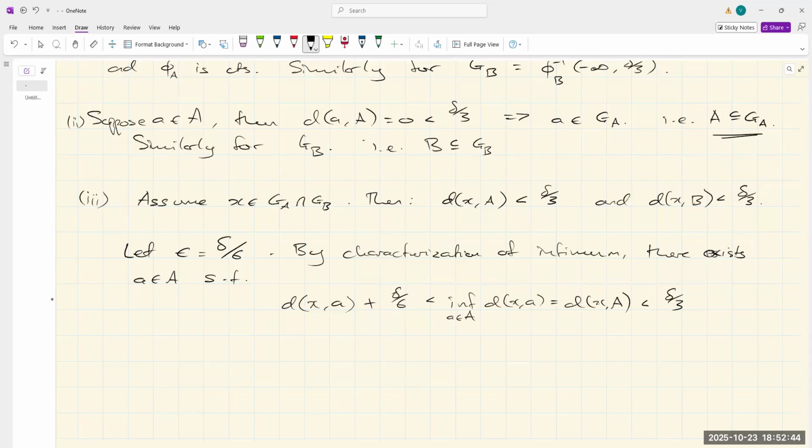Okay, so this is the characterization of infimum. So this guy here is my epsilon.